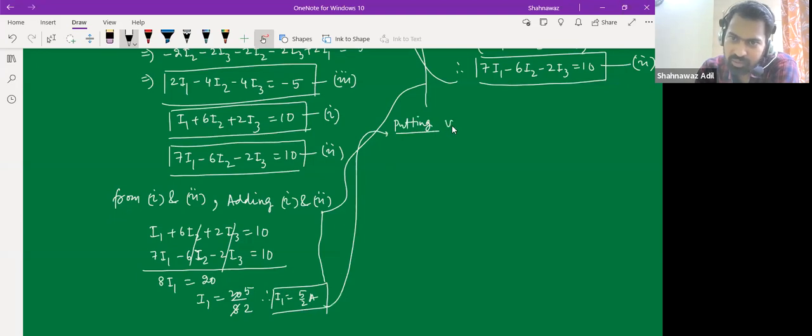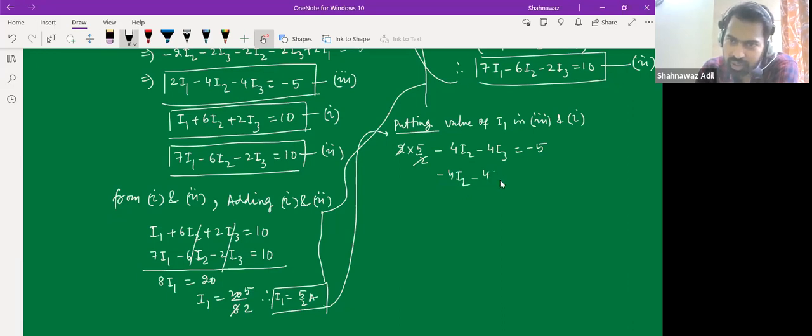So putting the value of I1 first in equation 2, this would be 2 into I1, which is 5 by 2, and minus 4I2, and this is minus 1.